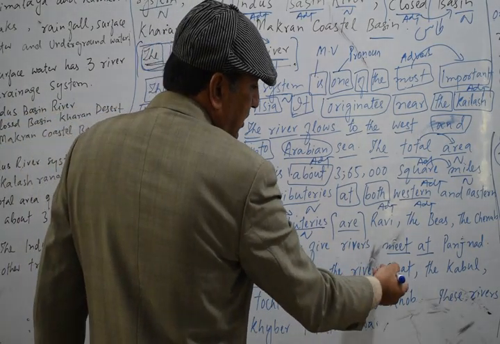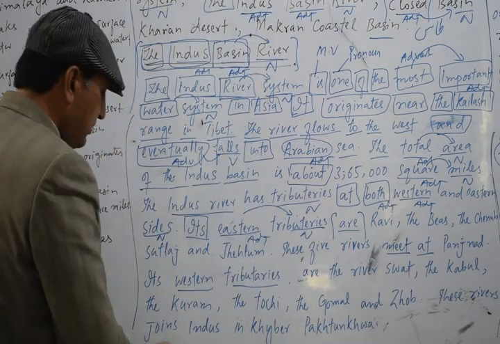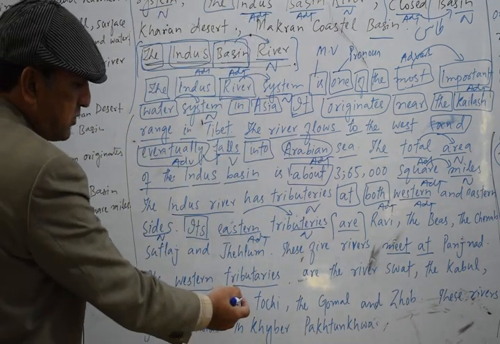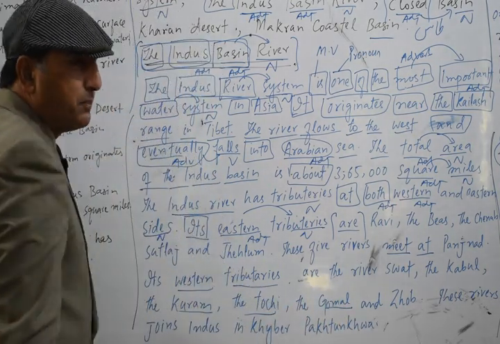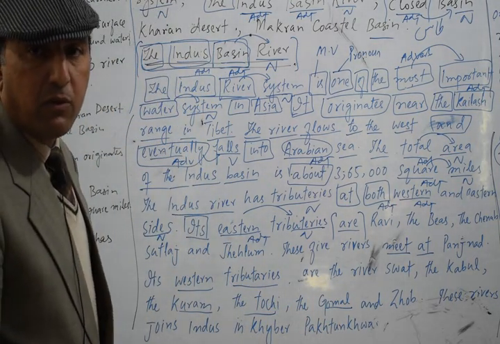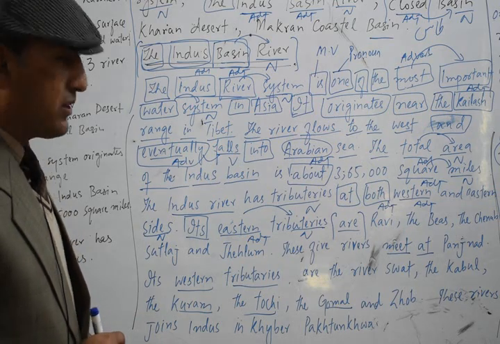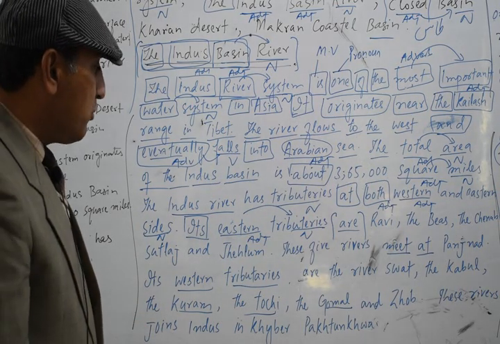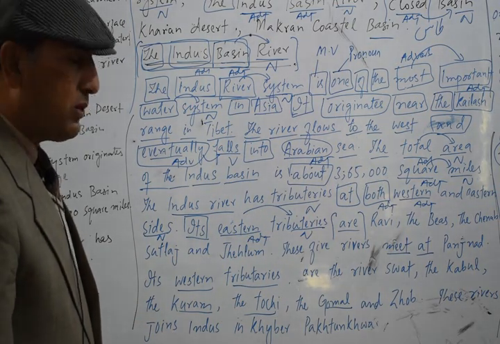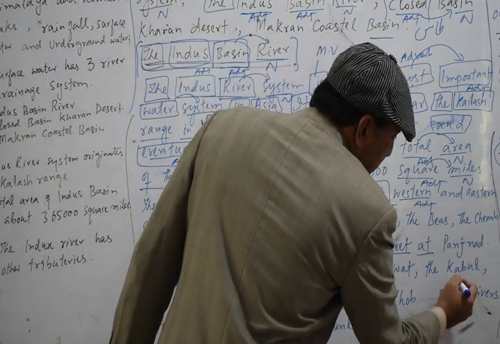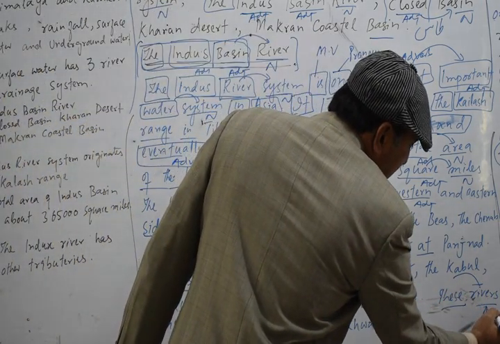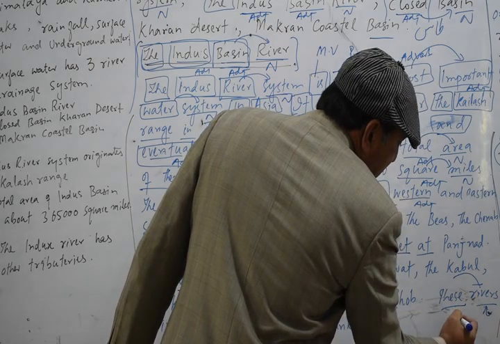Are the rivers Swat, the Kabul, the Kurram, the Tochi. These are all proper nouns. These are the names of rivers, so these are proper naming words, so we call them proper nouns. These rivers, now you see, these tell us about rivers. River is a noun. So these is working as an adjective.